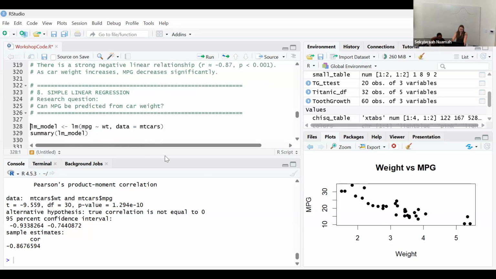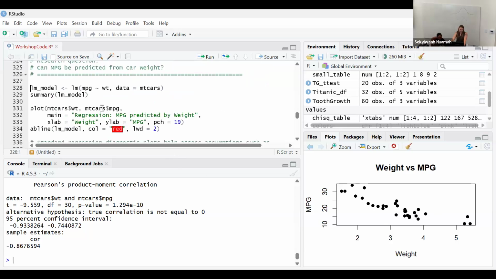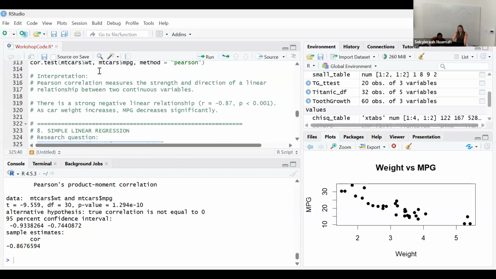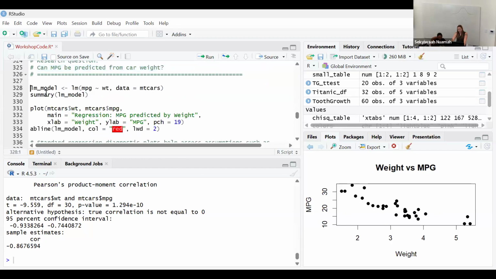Next, we'll just do a simple linear regression. We just want to know, can miles per gallon be predicted from car weight? And from above, they were highly correlated, so I can infer that probably the answer is yes.